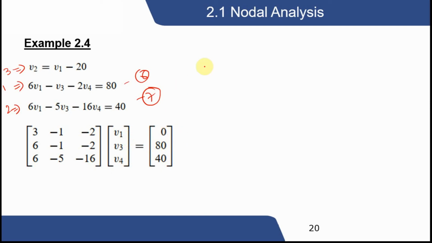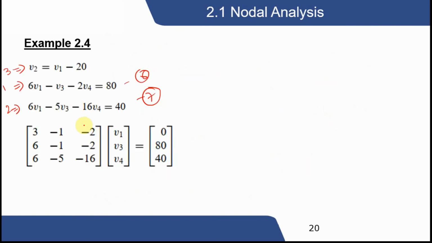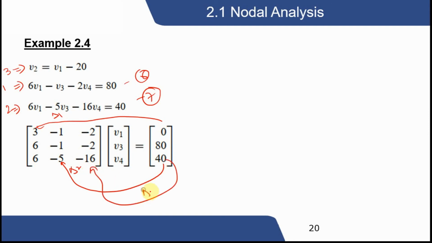Similarly we use the technique of Cramer's rule. Using Cramer's rule we calculate delta, the determinant of this matrix. If we replace the first column it becomes delta 1, the second column delta 2, and the third column delta 3.